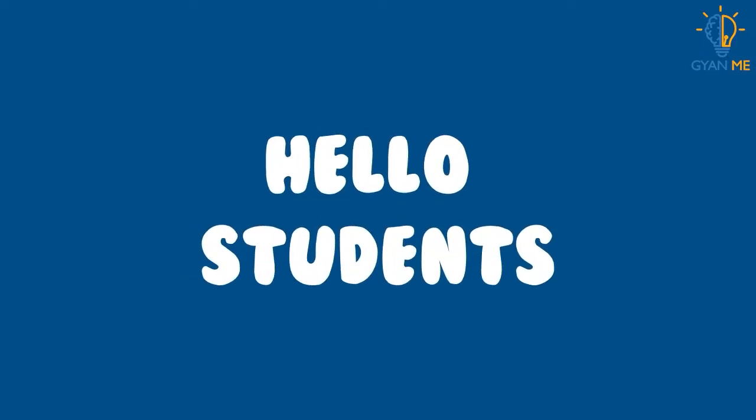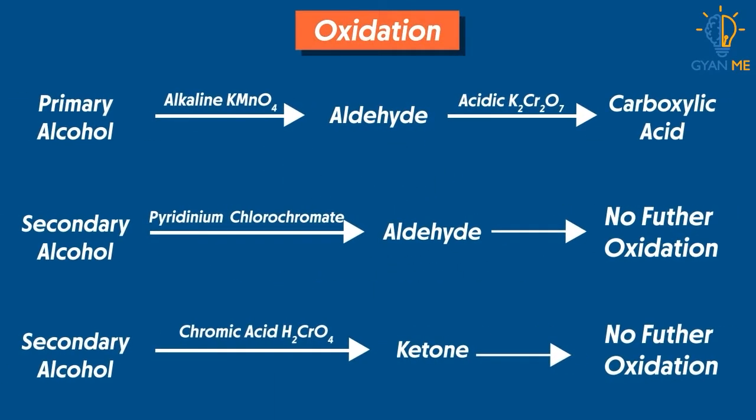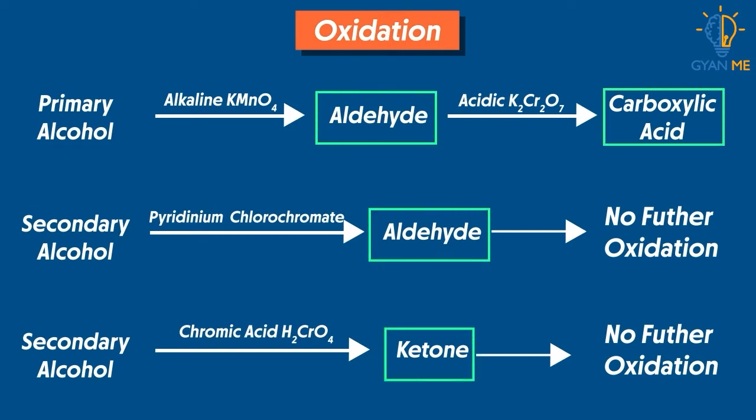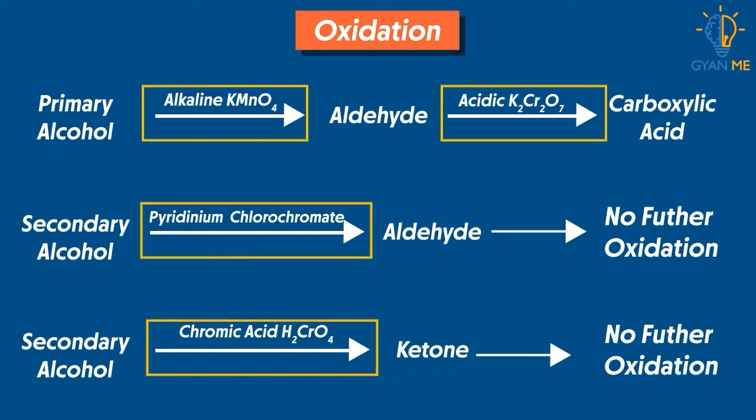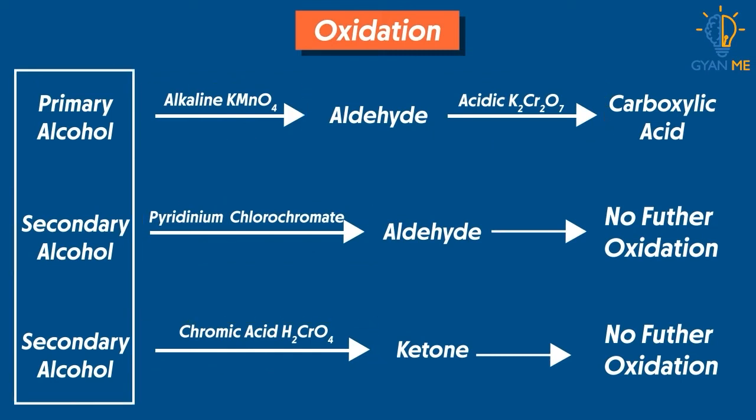Hello students! In our previous video, we ended by saying that different hydrocarbon compounds are produced by different oxidation reactions. We learned that the product so formed depends on the choice of the oxidizing agent and the type of hydrocarbon compound which is undergoing oxidation reaction.